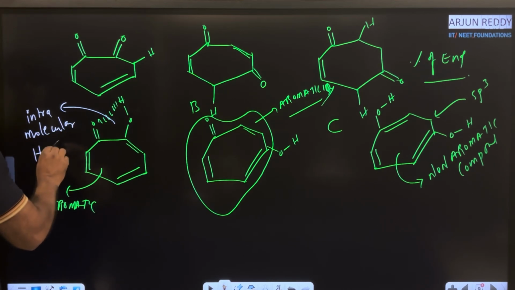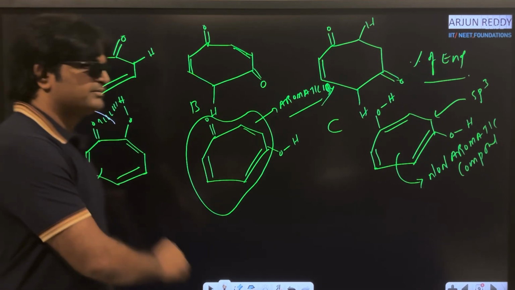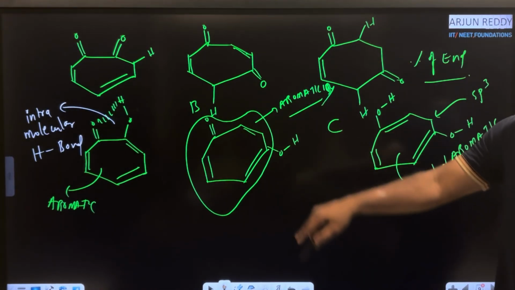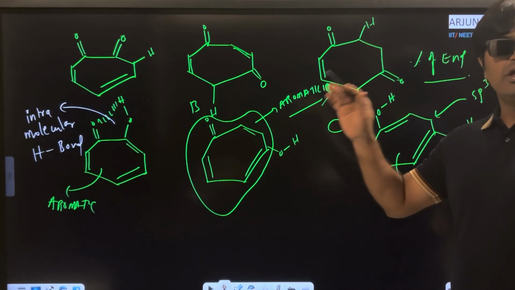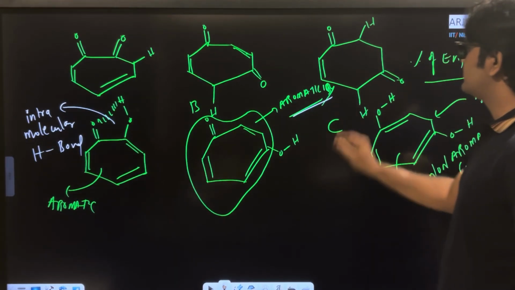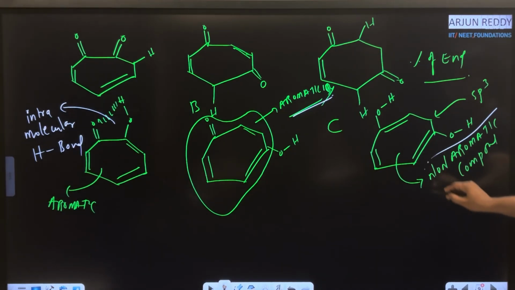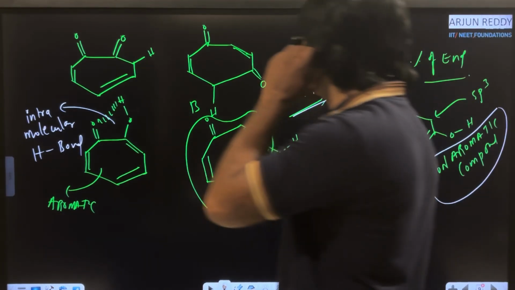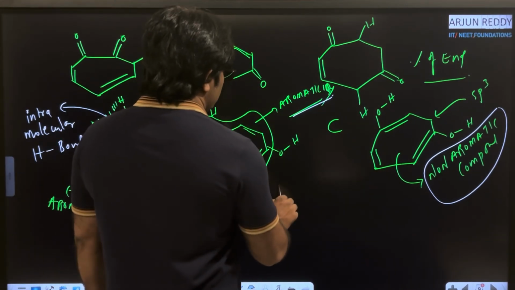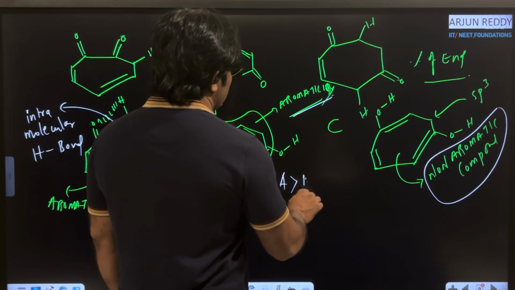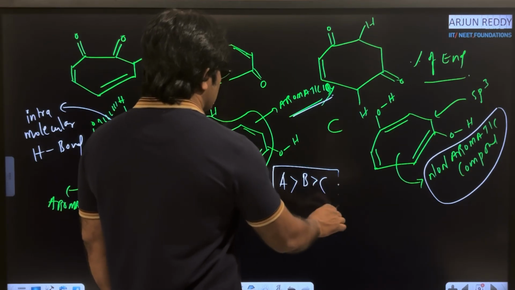These are the two advantages. First one, aromaticity and intramolecular hydrogen bond. But in the second one, only aromaticity. It has only aromaticity. And what about the third one? Yes, it has conjugation but is a non-aromatic compound. Then what is the percentage of enol? A is giving more enol content when compared to B and when compared to C. This is the decreasing order.